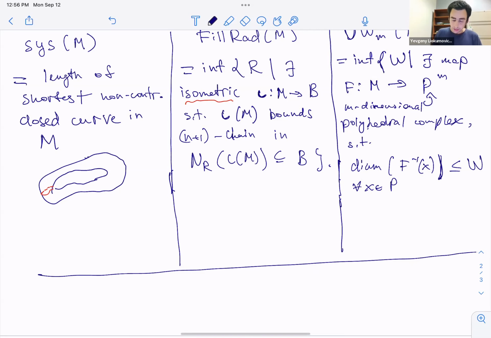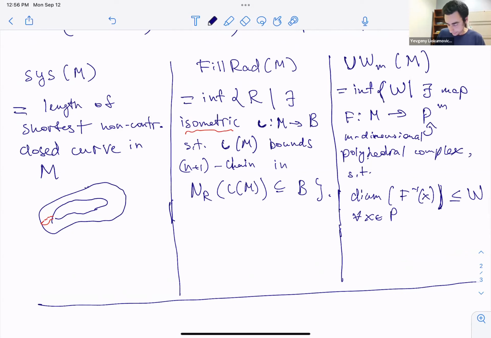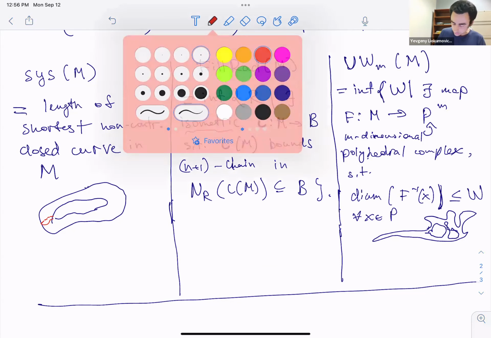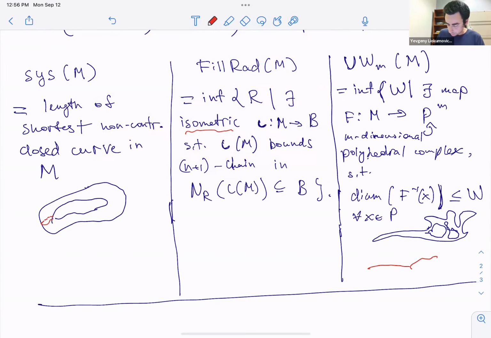So what this looks like is that your manifold can have large dimension, right? But maybe it can be mapped into a smaller dimensional polyhedral complex.